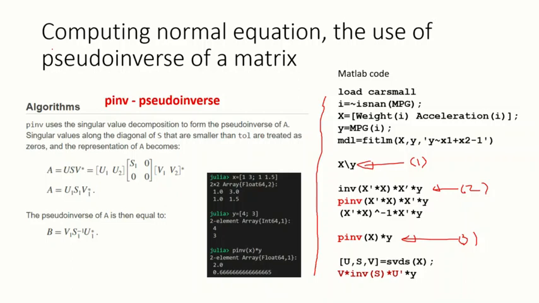Some use the normal equation, some use pseudo inversion of the matrix directly. Inside the pseudo inversion function, we actually use SVD, decomposition of the matrix. But everything at the end links together as matrix multiplication, inversion, multiplication.